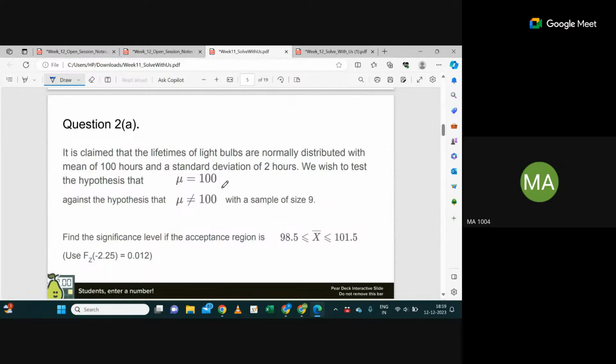Now, if you see this question, what does it say? It is claimed that lifetimes of light bulbs are normally distributed with mean 100 hours and standard deviation of 2 hours, right? So this is sigma given to us, and this is mu given to us. Here sigma is given to us, it's given information.